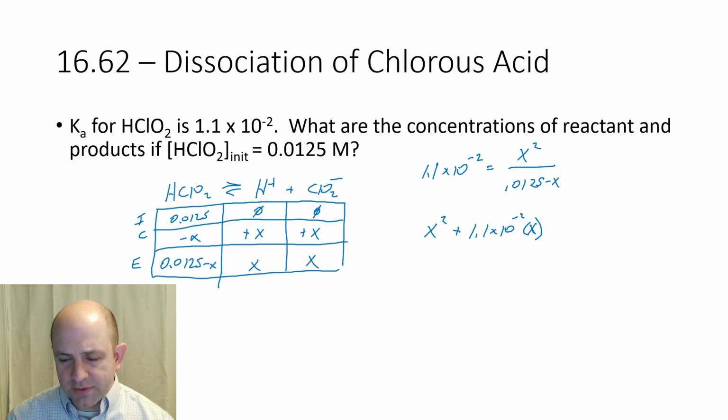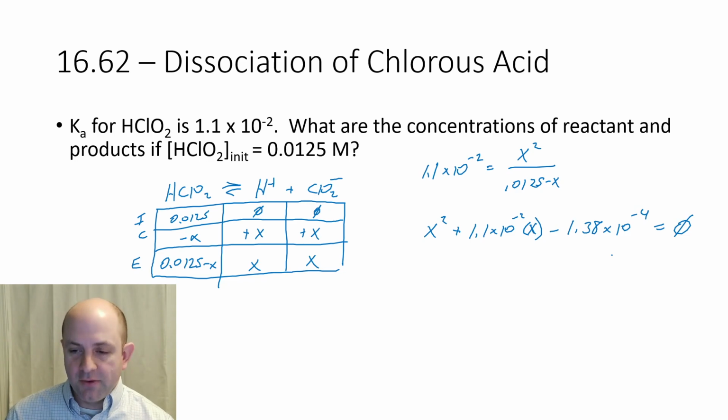That's positive, but the movement makes it negative, so negative 1.38 times 10 to the, what would that be, negative fourth, it looks like. And then that all equals 0, and we've got to solve for x.